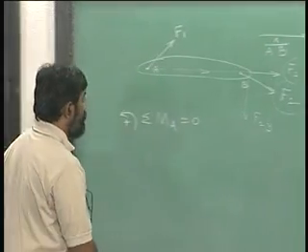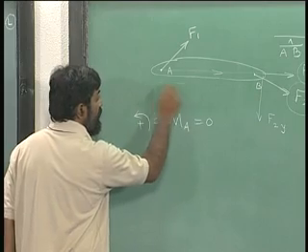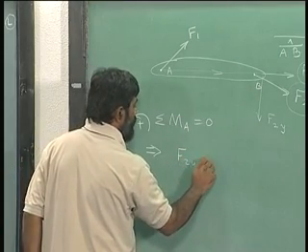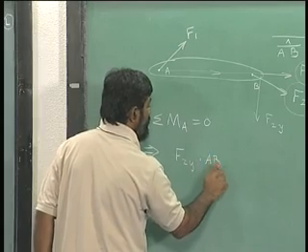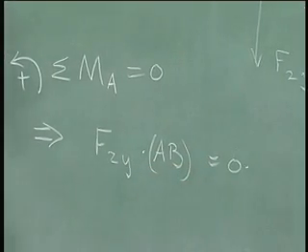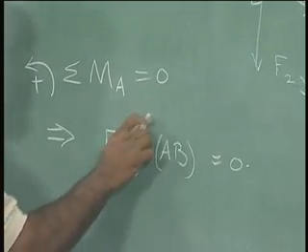And therefore, this will result in, let us say this length is AB, F2y times AB equals 0, where AB is the length. This automatically means that this is equal to 0.